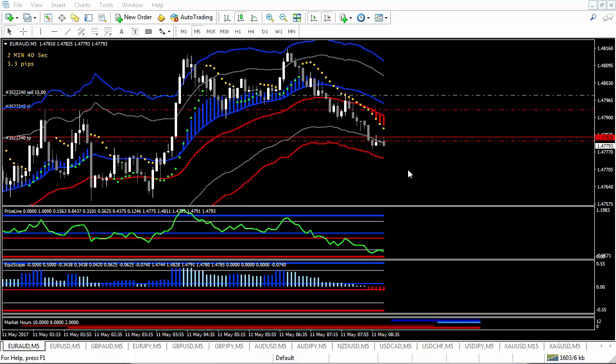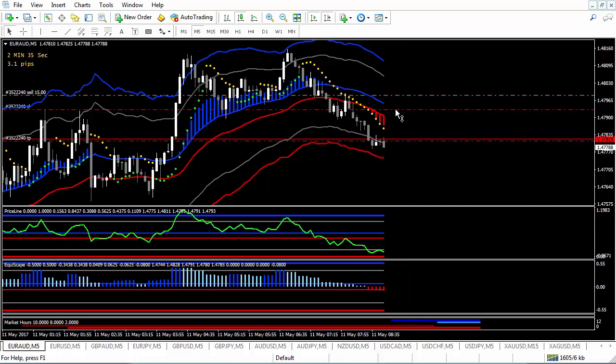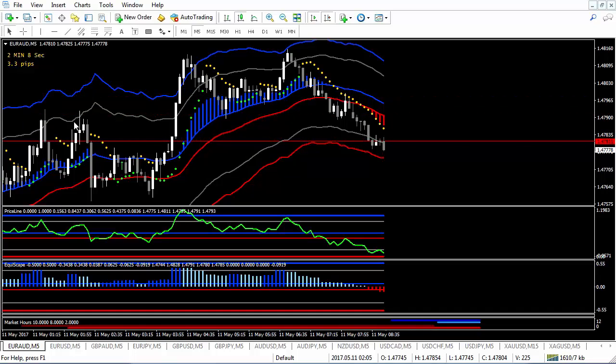Then a new dot and a new place to put my stop. And we are, again, a fraction of a pip away from our take profit. Once this ask line hits our exit line, then we'll be out of the trade. And there it is. We are officially out of the trade.